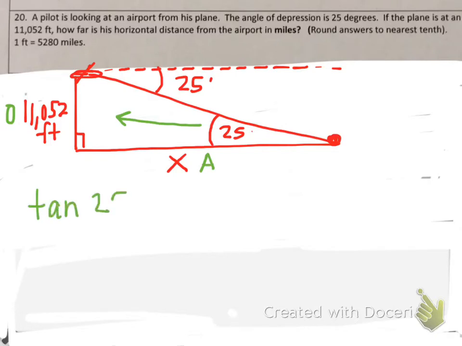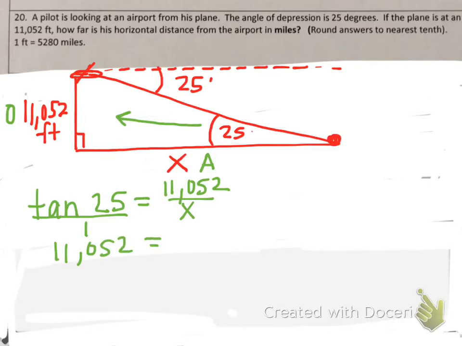So tangent of 25 degrees equals opposite, which is 11,052, over adjacent, which is x. Put a 1 under, cross multiply. 11,052 times 1 is 11,052. Bring down the equal sign. Tangent of 25 times x is x times tangent of 25. One more step to isolate the x.